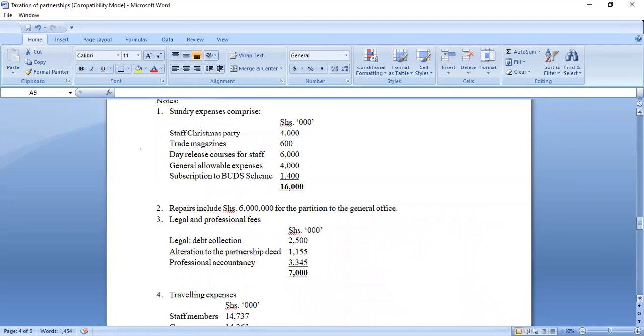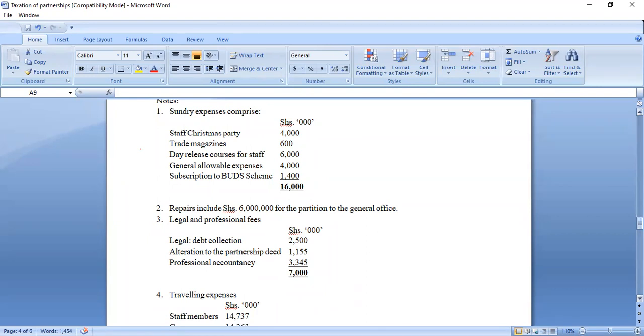But a subscription to buddies, I don't know what it is personally, so I would remove it because I don't know what it is. But assuming it was a subscription to maybe a trade union or to a regulator, those subscriptions are allowable since they're helping us run the business.